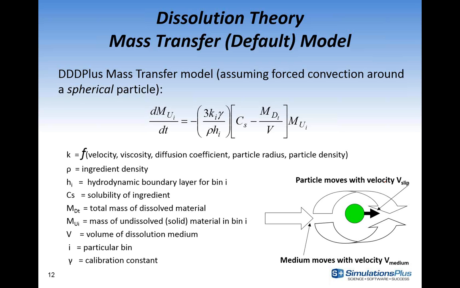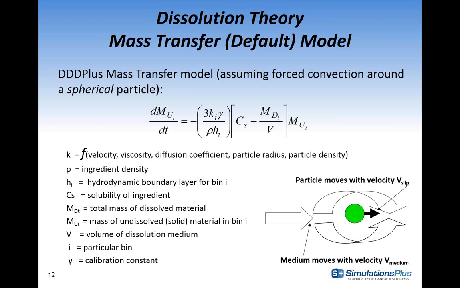The important variables to note here are the mass transfer coefficient, which really includes the hydrodynamics of the system, the velocity, viscosity, the diffusion coefficient, and then the particle properties like the particle radius and the density.